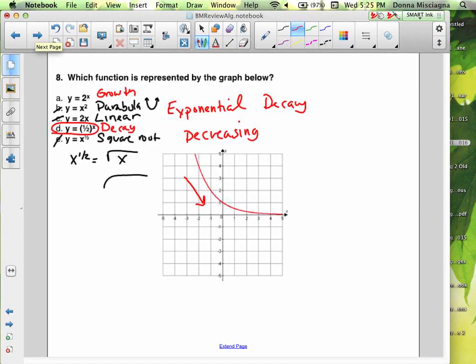And that is y equals 1/2 to the x power. So look carefully at the equations and rule out ones that are the wrong function. And then take a look at which exponential functions you have left. Is this growth or decay? So here we had one growth, one decay, and that would be the correct answer.